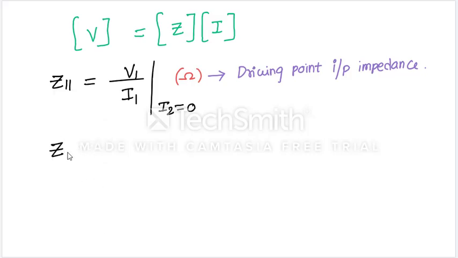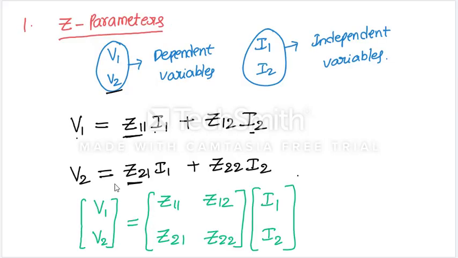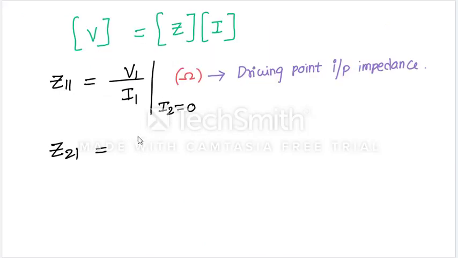Next, z21. This one is v2 by i1 when i2 equals 0. The units here are also ohms. v2 is the second port, i1 is port 1. The units are in the form of ohms, that is impedance.